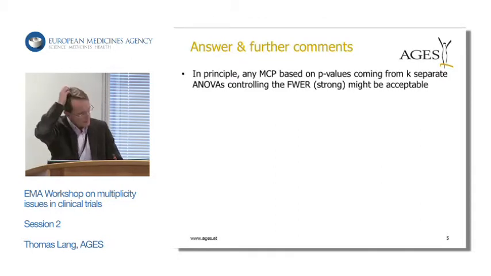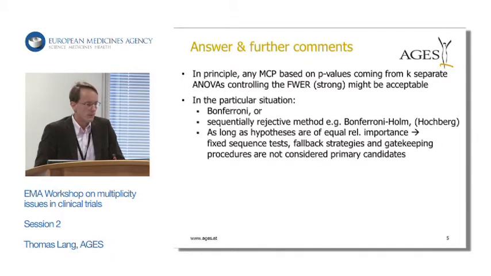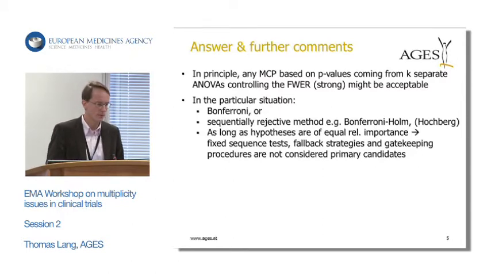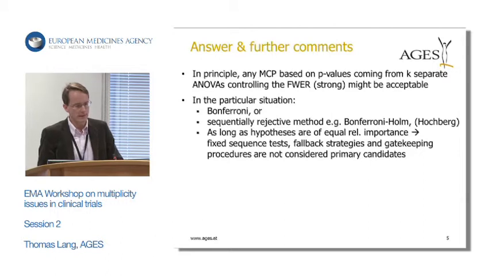And what does this mean in practice? Of course, the proposals brought up by you. Next slide, please. Of course, when it comes to the testing situation, Bonferroni correction could be done in general, or any sequentially rejective method, e.g. the Holm method, also the Hochberg method, if all the requirements can be shown to be fulfilled, can be used from my perspective.